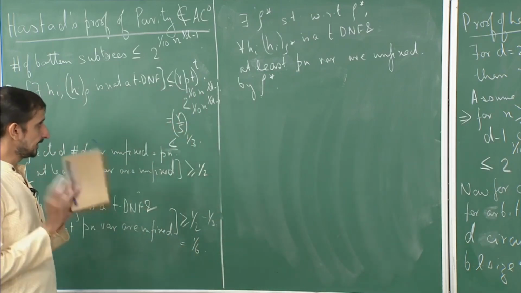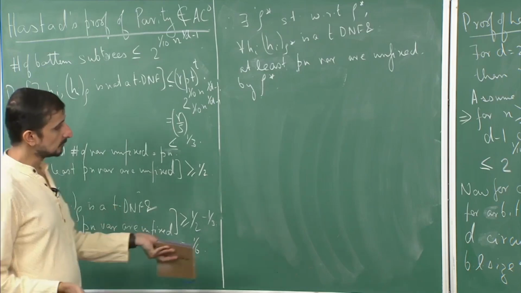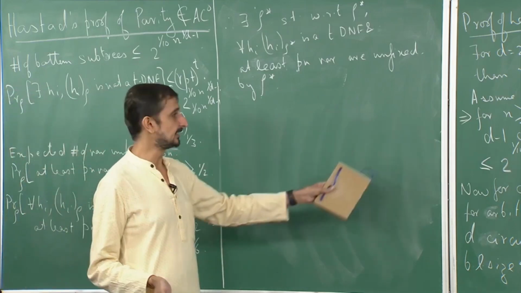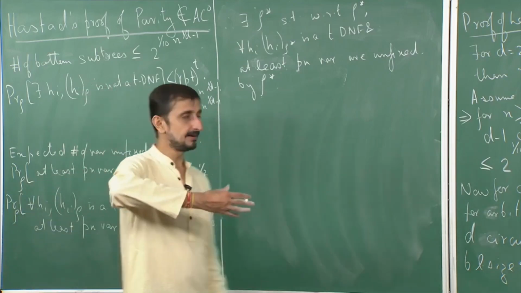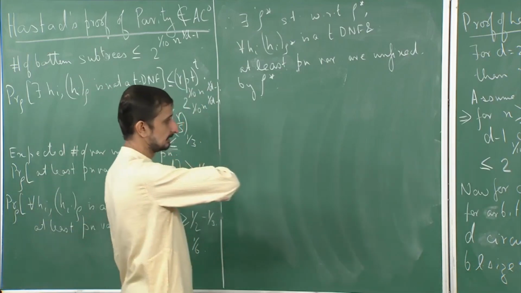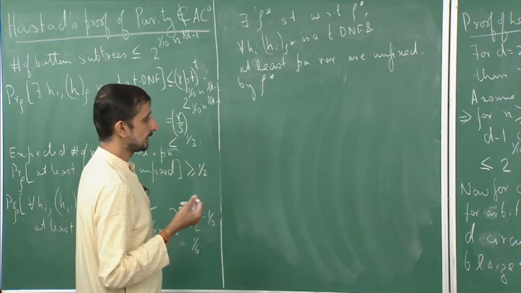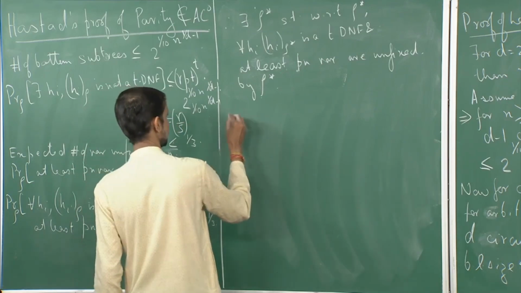So, now we have the rho star that we want, and now we will just do what I said at the beginning. I take this particular rho star, I take the circuit C and I will use the switching lemma and flip these two layers. Okay.